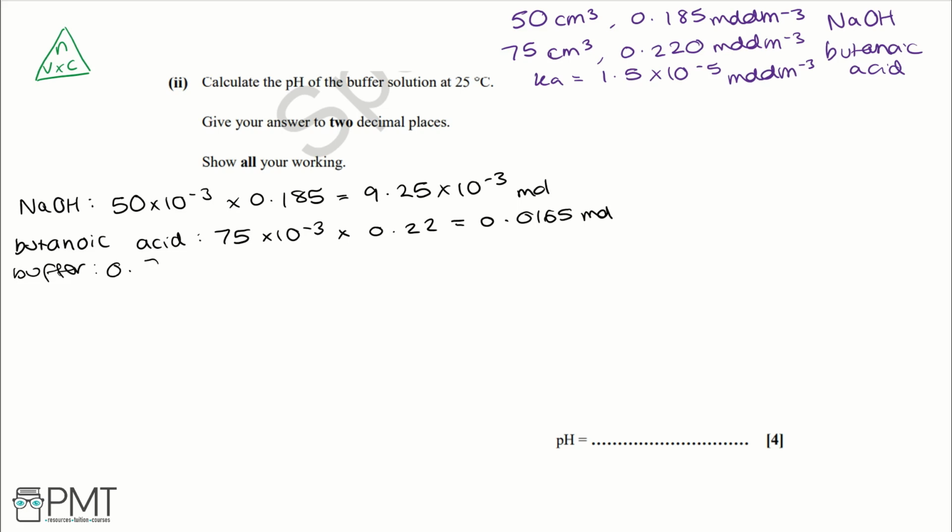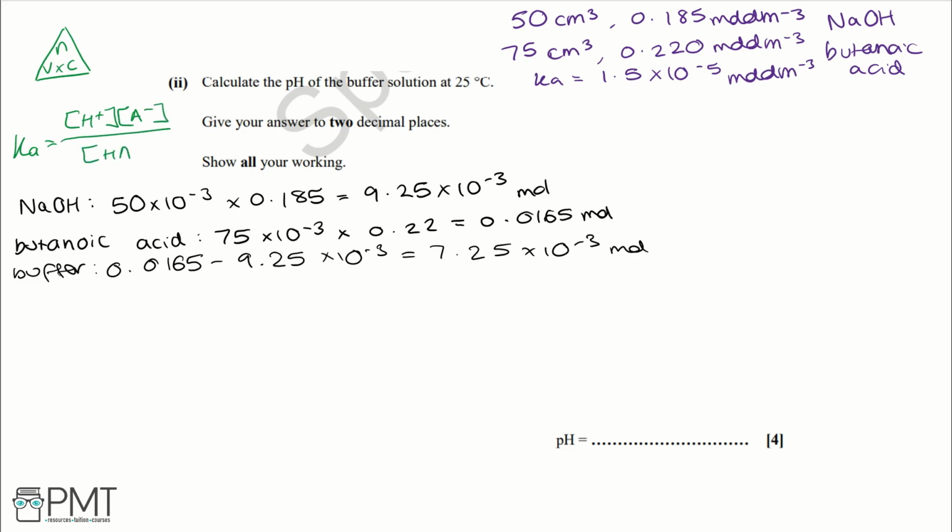So then to work out the moles of the buffer, we need to minus these 2 values. So it's going to be 0.0165 minus 9.25 times 10 to the negative 3, and that equals 7.25 times 10 to the negative 3 moles. And we need to then work out the new concentrations for the buffer and sodium hydroxide, because we're going to be using the equation Ka equals concentration of H plus times the concentration of A minus divided by the concentration of HA.